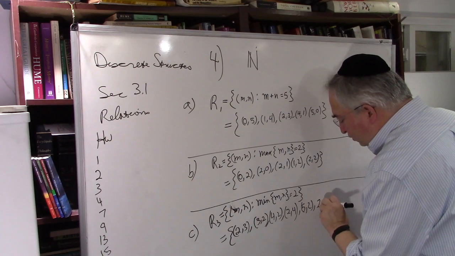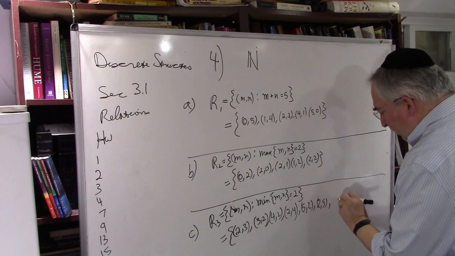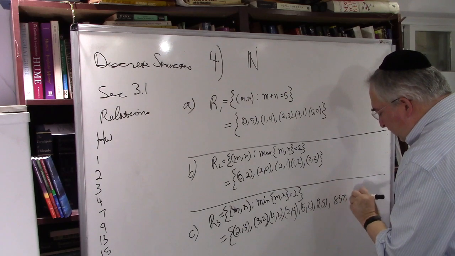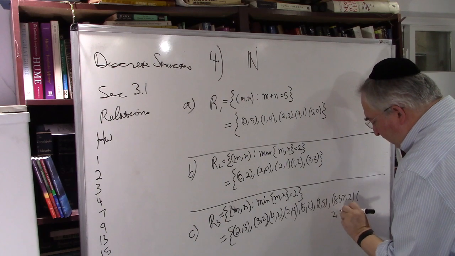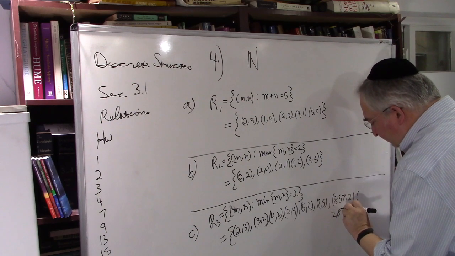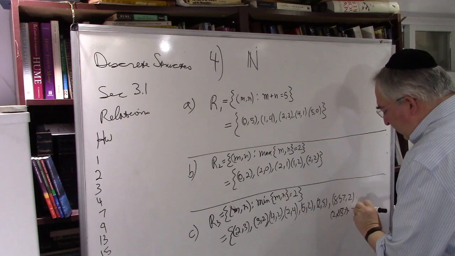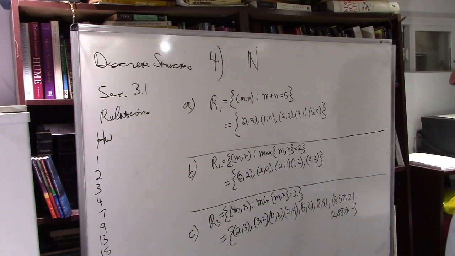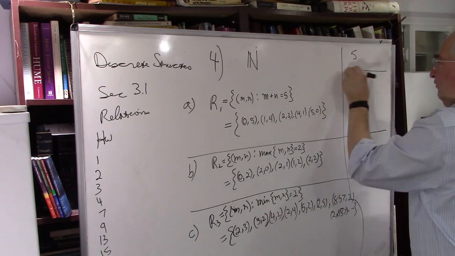The minimum of 2 and 5 is 2. The minimum of 857 and 2 is 2. The minimum of 2 and 857 is 2. So, dot, dot, dot. Works like that. Okay, just for the hell of it, it wasn't assigned in homework, but let's do 5.